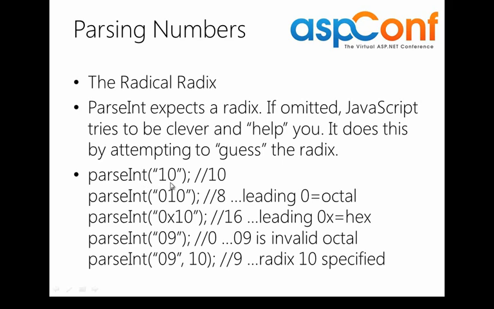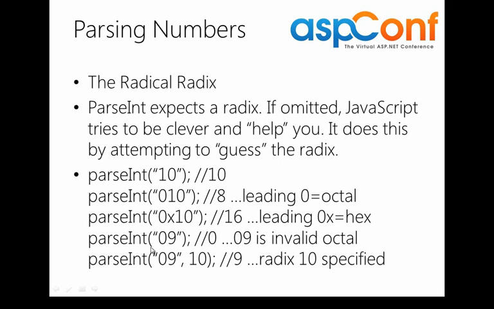So if you pass in 10, you will actually get 10. But then if you pass in 010, you actually get 8. Since it sees there's a leading 0, it automatically assumes that's an octal. Similarly, if you pass 0x10, you get 16, because 0x means hex.